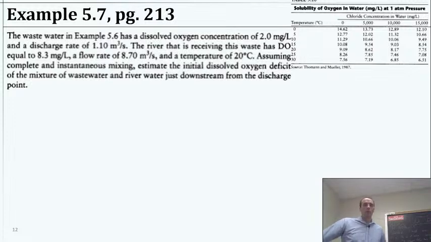The river that is receiving this water has a DO equal to 8.3 milligrams per liter, a flow rate of 8.7 cubic meters per second, temperature of 20 degrees Celsius, and assuming complete and instantaneous mixing, estimate the initial dissolved oxygen deficit of the mixture of the wastewater and river water just downstream of the discharge point.